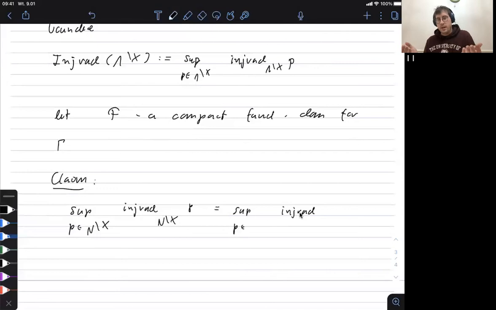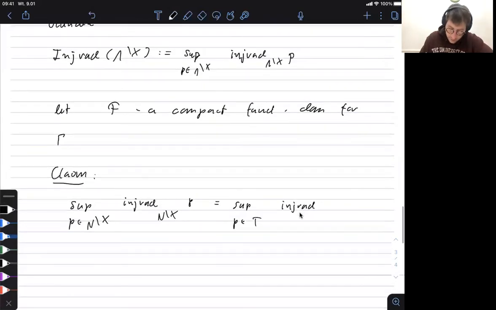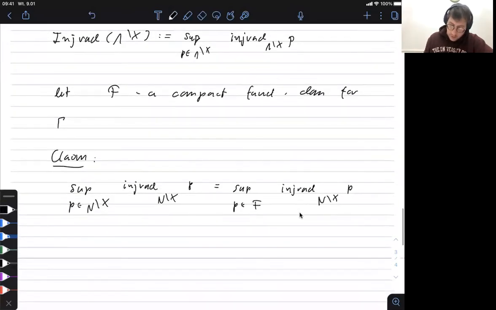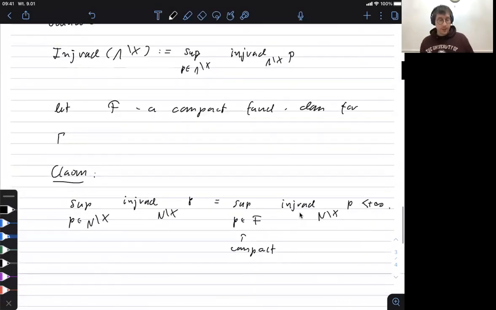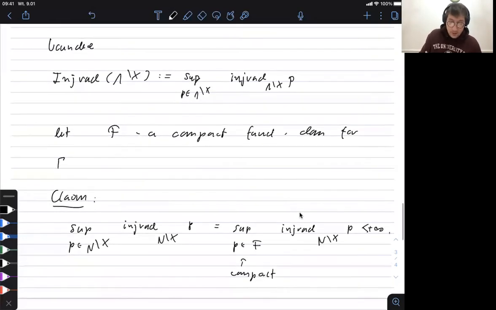So that's why the supremum of the injectivity radius is already achieved on any fundamental domain of this action. So that's why you can take F instead of X mod N. Okay, so this is compact, so this thing must be finite. Okay, and that's the proof that those kinds of spaces will have uniformly bounded injectivity radius.